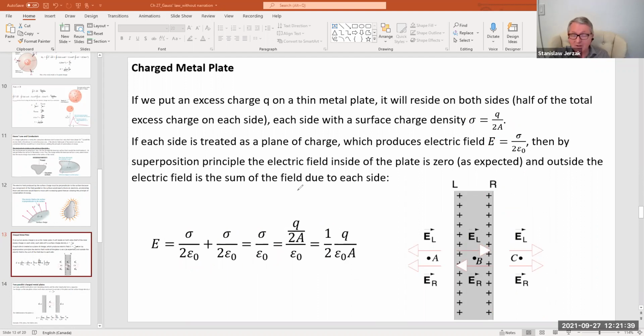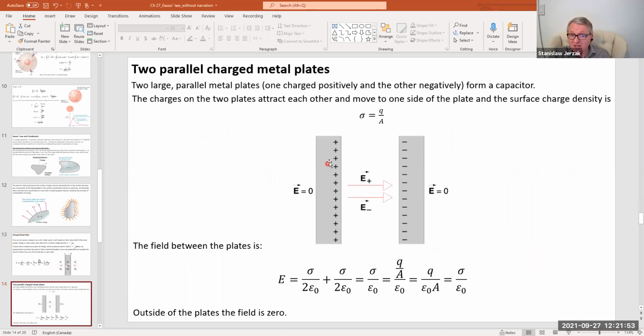Hopefully it's all clear. So that was one single, kind of rectangular sheet of metal. Now on the next slide, I have the example when we have not just one sheet of metal, but two parallel plates of metal, like in a capacitor from physics 1801.